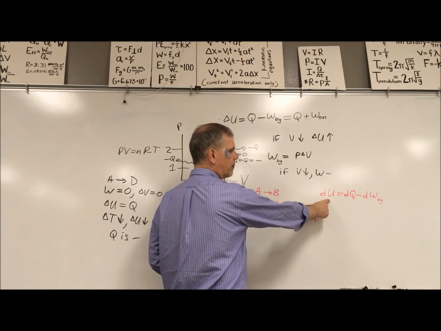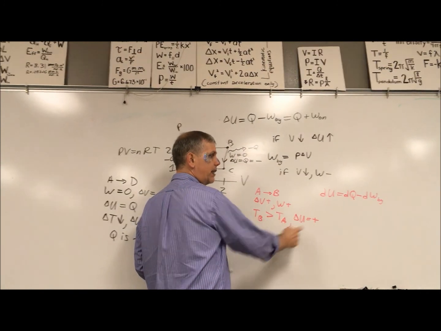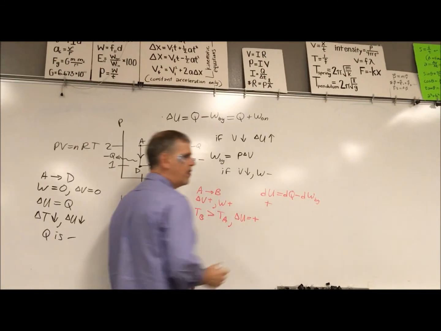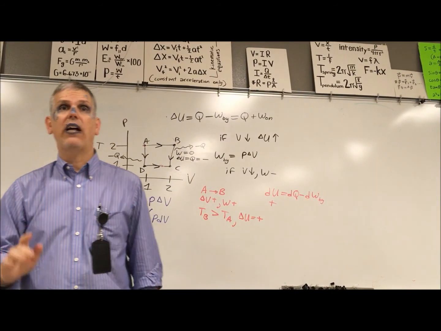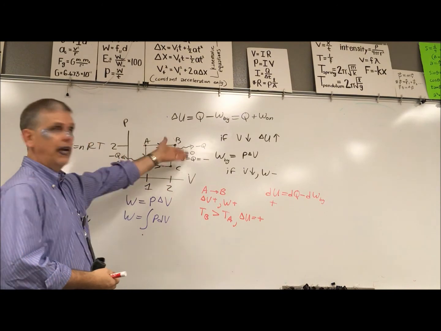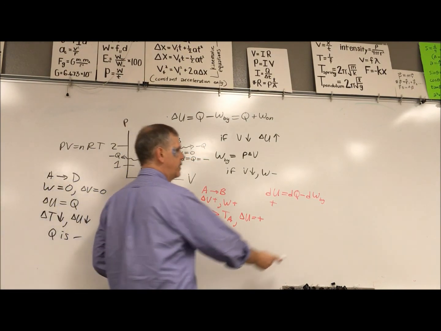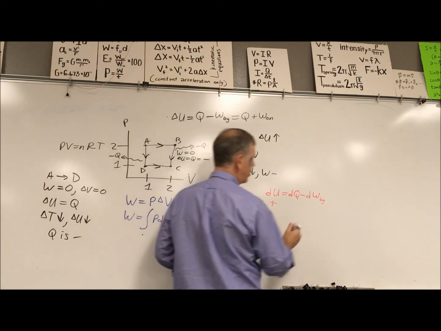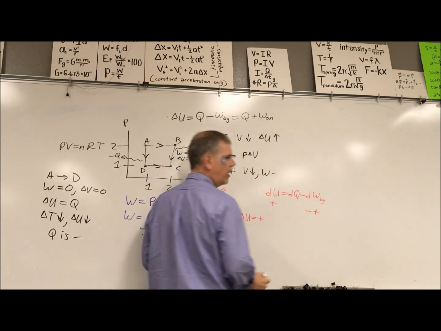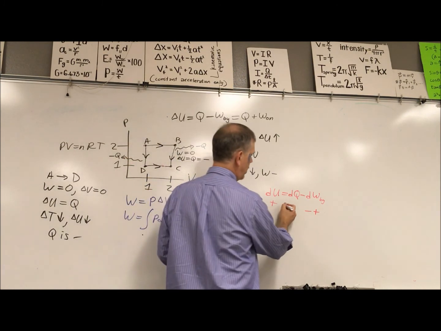What is this? That's a positive. Do we agree with that? That in the final analysis that must be positive, because the temperature has gone up. This is positive, so that's a negative times a positive, which is actually a negative. But delta U has to be positive.